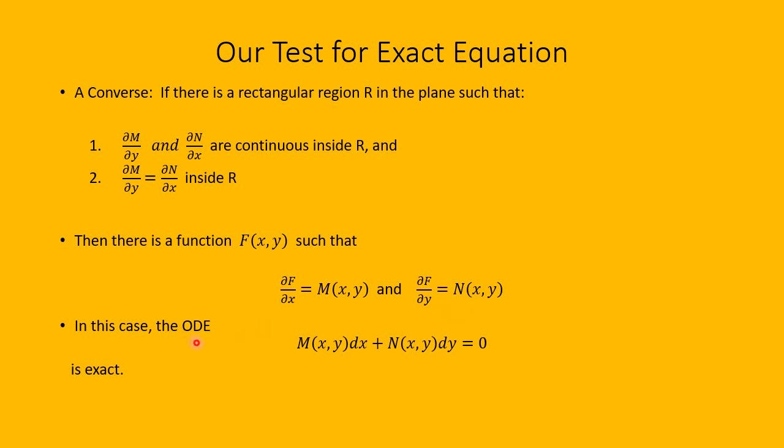In this case, the ordinary differential equation that we have here is exact. So basically, this is our test for an exact equation. Are these two partial derivatives continuous? And are they equal? Notice we're differentiating M with respect to y, and we're differentiating N here with respect to x.